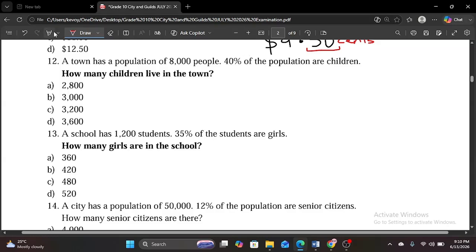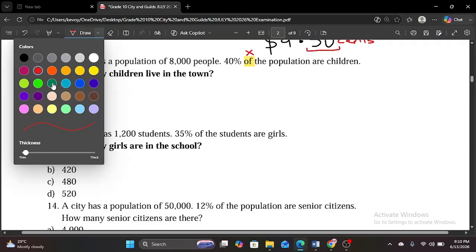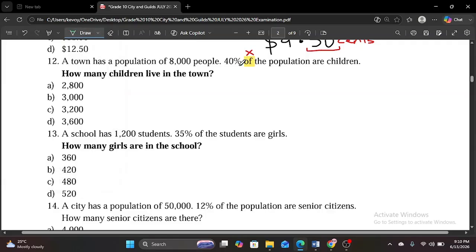So if you realize, you see the word "of" again. So that means that I'm going to have to multiply. What am I going to multiply? The 40% by the population.